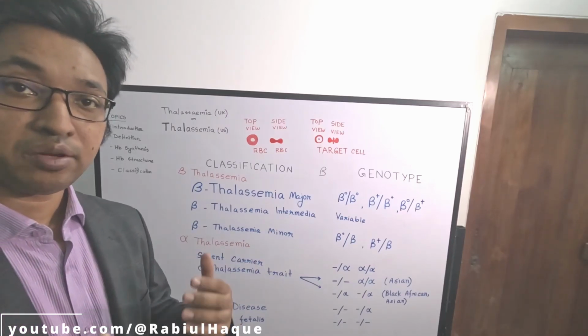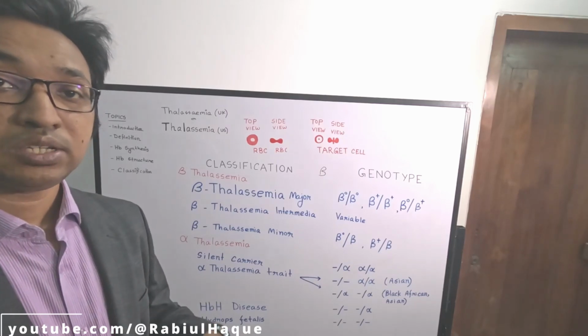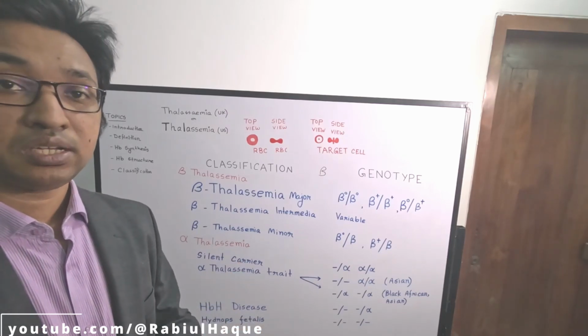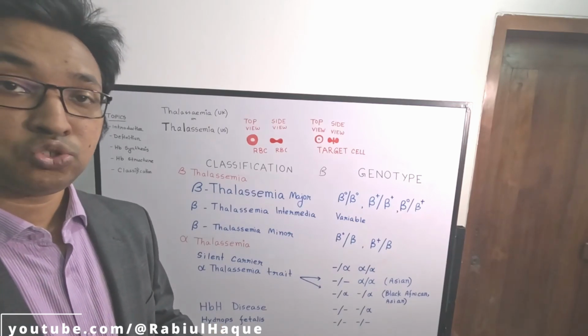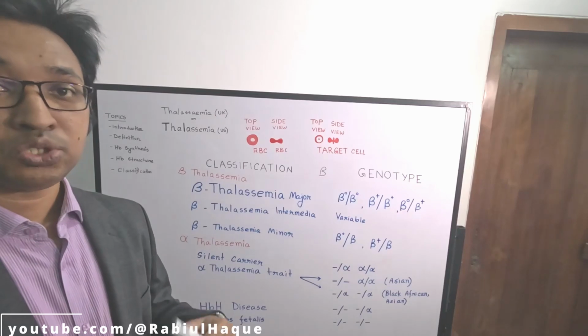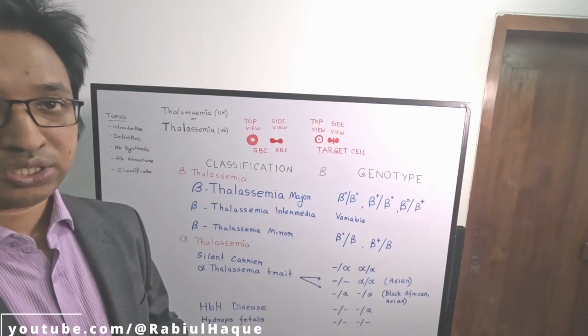In beta thalassemia major, there is severe anemia and it requires repeated blood transfusion. Hemoglobin level is usually from 3 to 6 gram per deciliter in an untransfused patient.